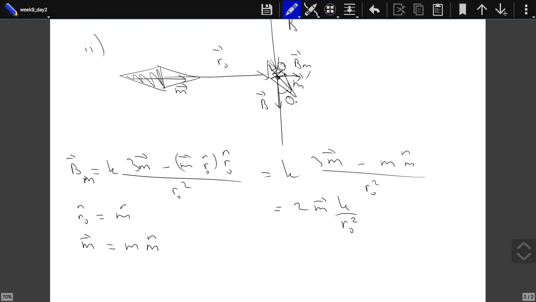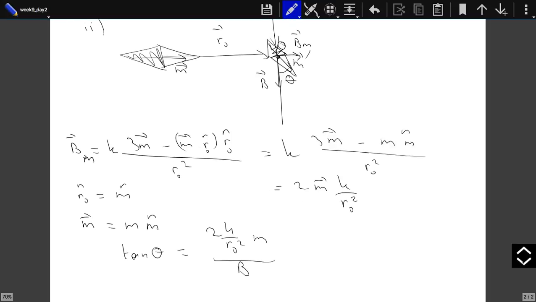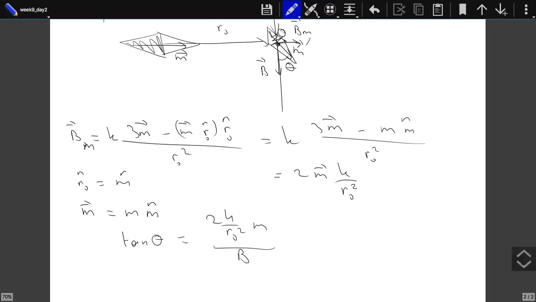And this angle over here, let's call it theta. Tangent theta is nothing but 2K over R0 squared times M divided by B. Or M over B will be equal to R0 squared divided by 2K tangent theta.